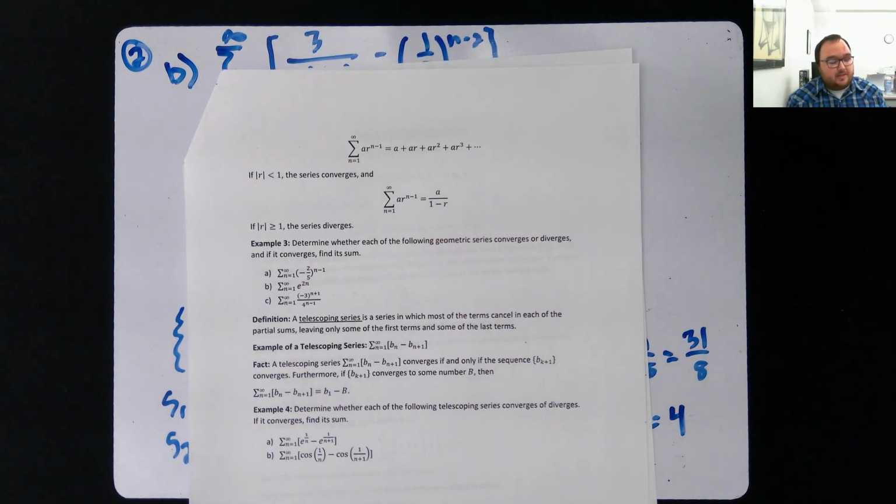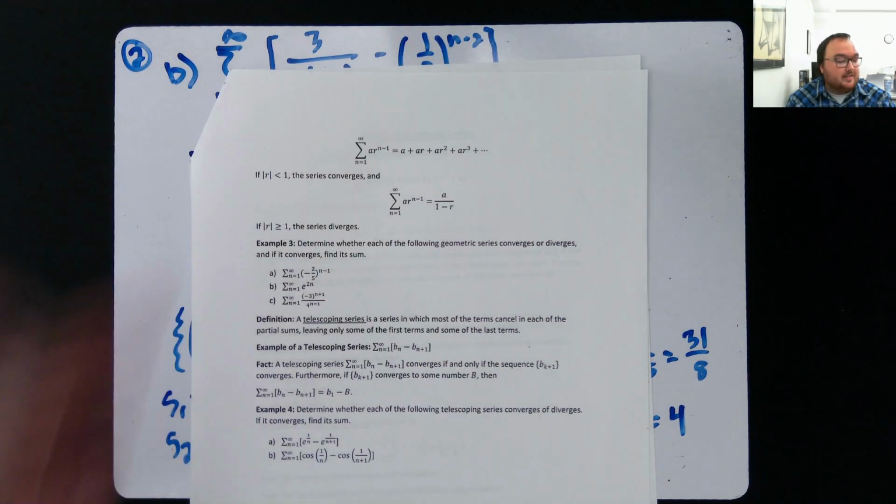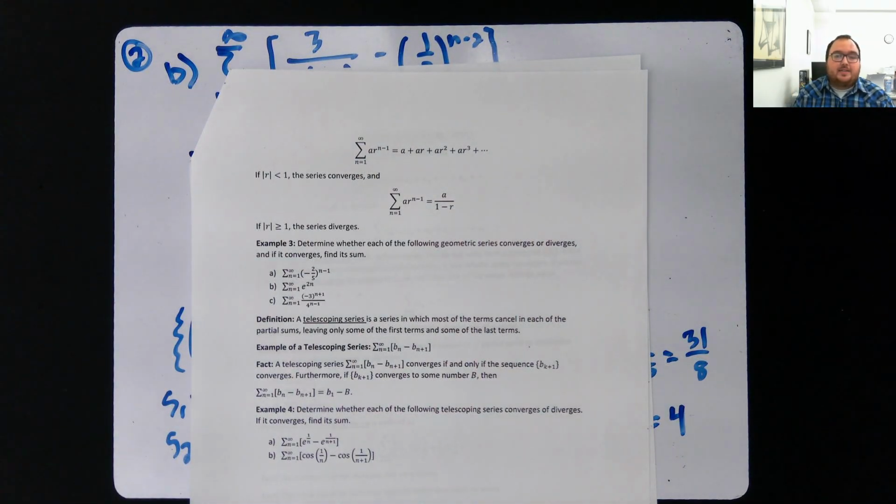And what's really nice about this is that if the absolute value of r is less than 1, the series converges. In fact, the sum would be a divided by 1 minus r. If the absolute value of r is greater than or equal to 1, the series is going to diverge.